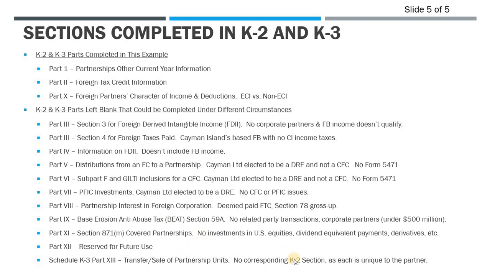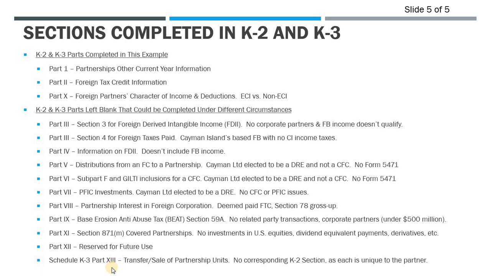The reason this is unique to each partner is because the partners that are still in the partnership don't have this issue, right? It's only the partners that would sell their units or redeem out that might have this problem. That's why we won't see a Part 13 on Schedule K-2, but if it is applicable to the partnership, it does have to be added to Schedule K-3, Part 13, for those unique partners, right? The ones that are redeeming out or selling their units.